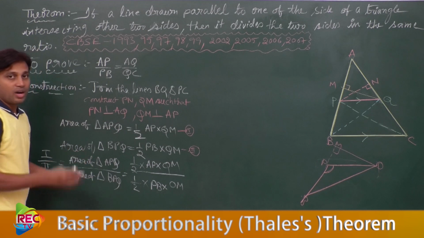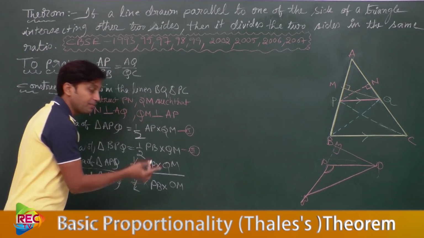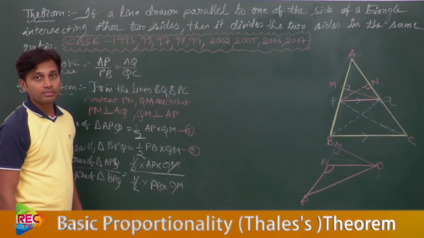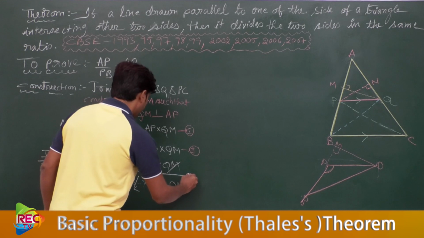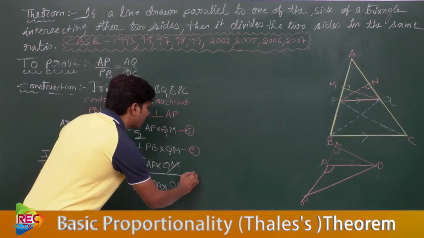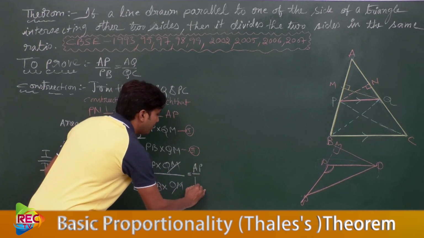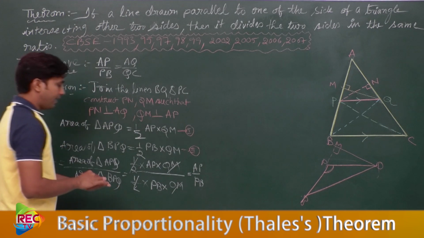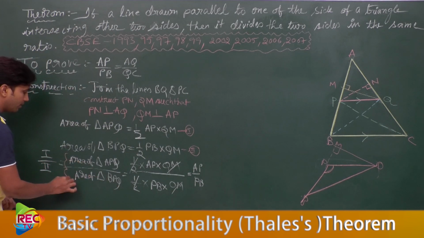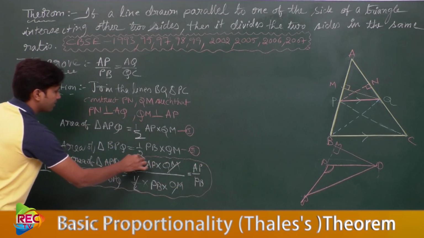Now what are the common factors in the numerator and denominator? Half is common, we can cut it down, and QM is also common, we can cut it down. Now what is left over here? AP by PB, exactly. Let us put this condition aside. This is very important to prove this theorem. Understood? Let us keep this aside.